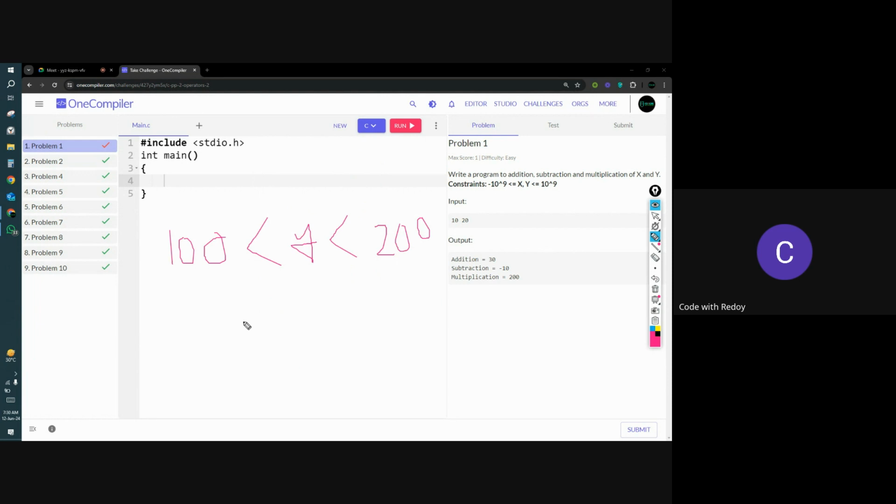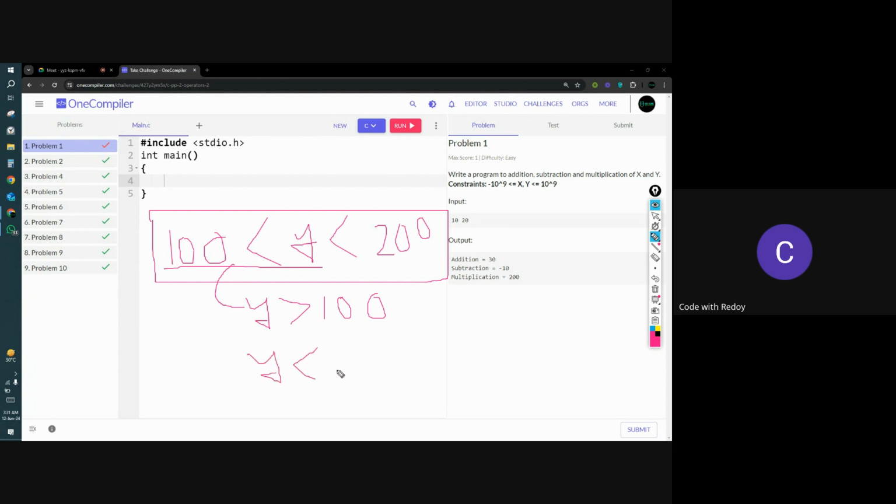Okay, no problem. Look, this is an equation, you can say. Now, we can write this equation like that: y greater than 100 for this part, and y less than 200 for this part.